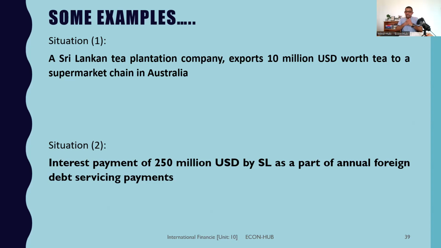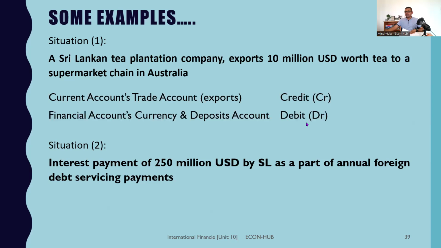So let's quickly do it. Basically, it's exports and it's tea, so it's the current account, trade account, and exports. There's a financial inflow. So the first entry is a credit entry that goes into the current account, the goods or the trade account. The second entry is a debit entry and it will go into the financial account, currency and deposits, or you can say other investments. Are we okay?